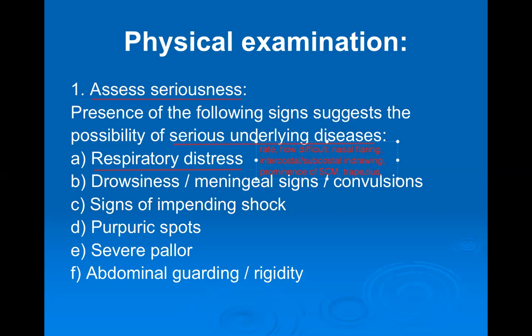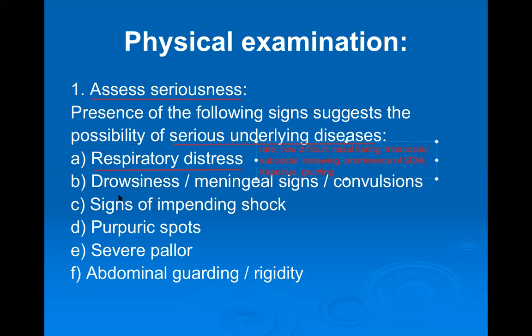Another important feature is grunting. There is some grunt sound which is produced by the child. So all these are important points regarding respiratory distress. You know this much now, but believe me, we'll repeat this so many times in the upcoming classes because this is a very important feature in a child. Respiratory illnesses are absolutely common in children.